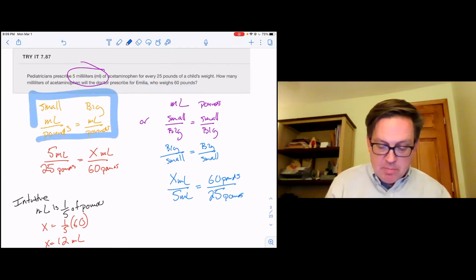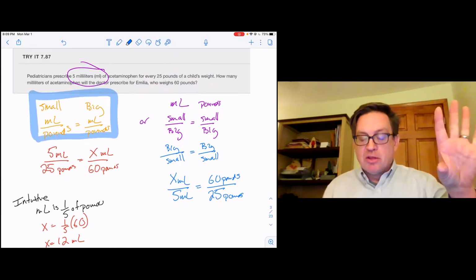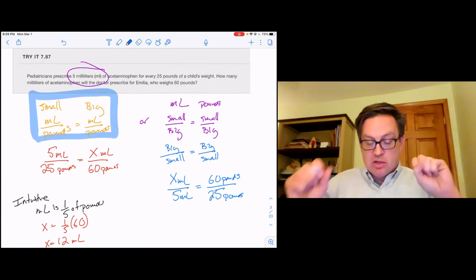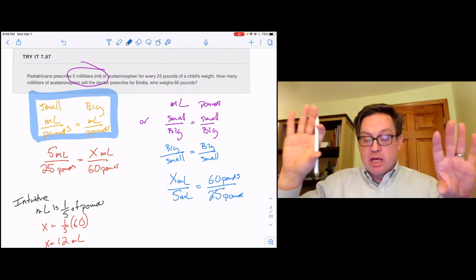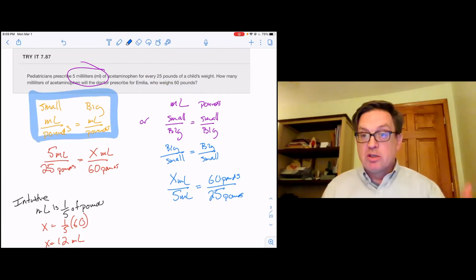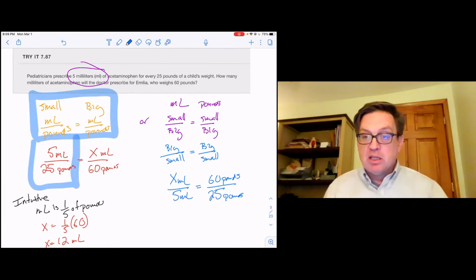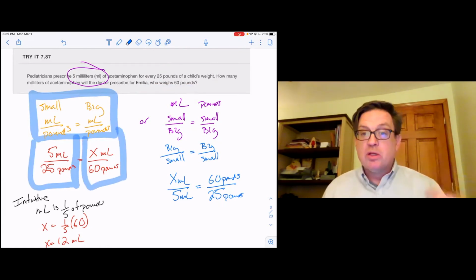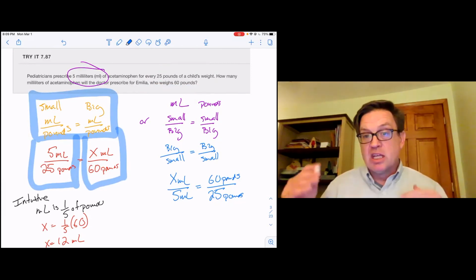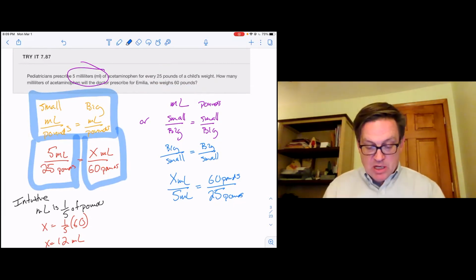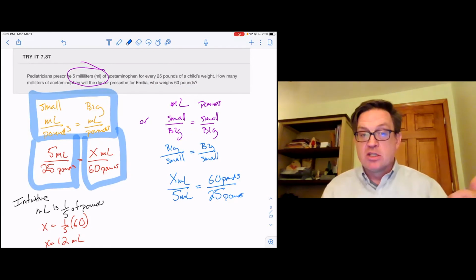One is I can compare the small amount on the left with the large amount on the right. And the ratio is going to be milliliters over pounds in both cases. So I get 5 milliliters over 25 pounds for the small situation, and that should equal X milliliters over 60 pounds in the big situation. So I get 5 over 25 equals X over 60.